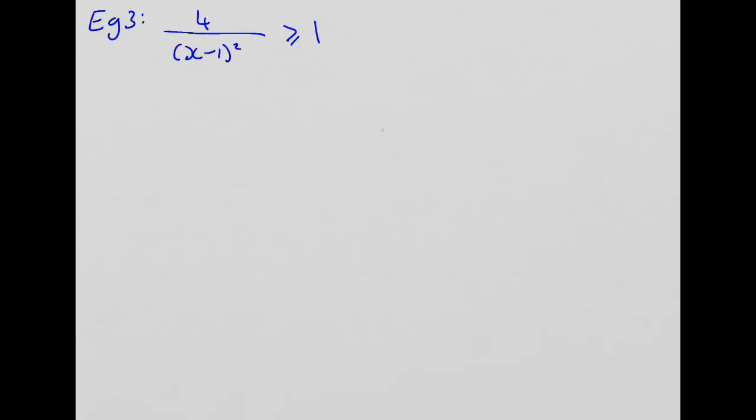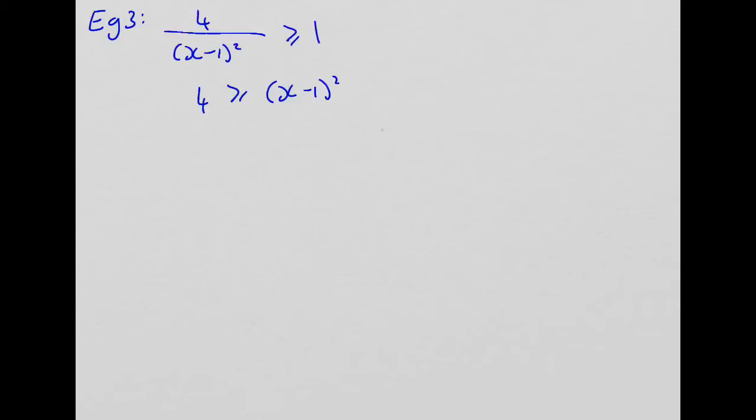Right, example 3. Now in this case, as opposed to the previous example, we can actually multiply by (x minus 1) all squared. Because remember, it doesn't matter what x is, that whole bracket in the denominator will always be positive. So we can go straight to saying 4 is greater than or equal to (x minus 1) all squared. Multiply both sides.